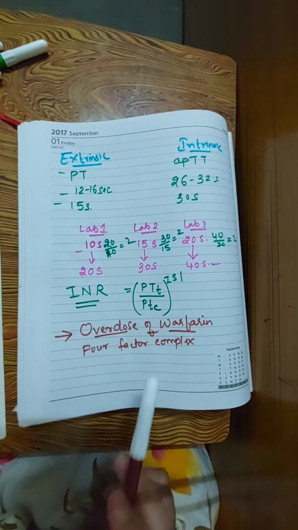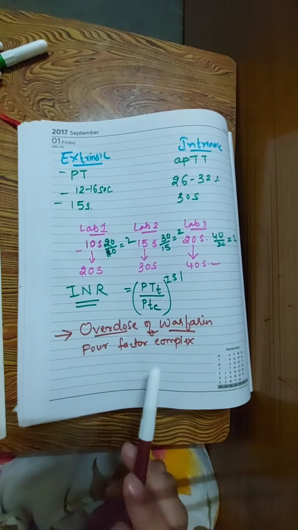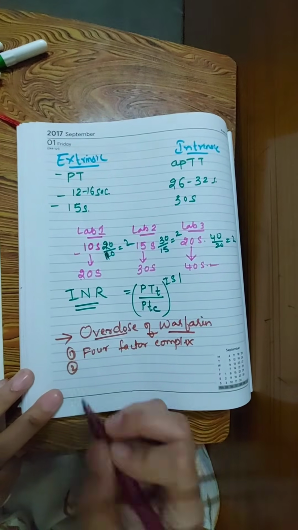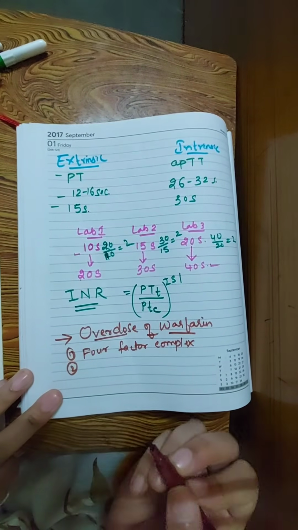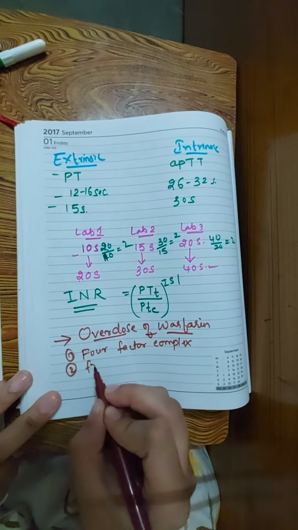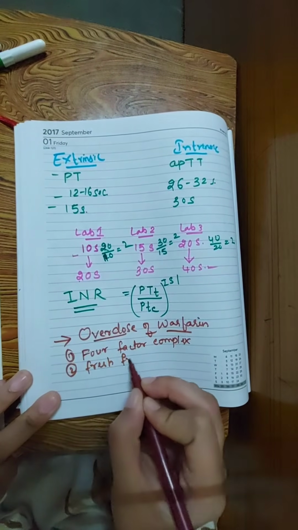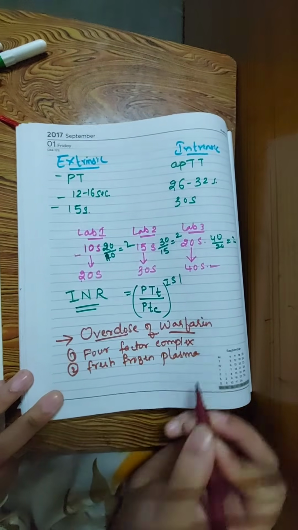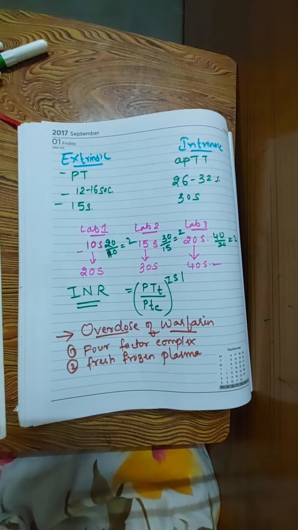However, if this is not available, and this is the first option, then the second option is we can give fresh frozen plasma. And remember, plasma contains all the factors, so it will also contain the 4 factors.